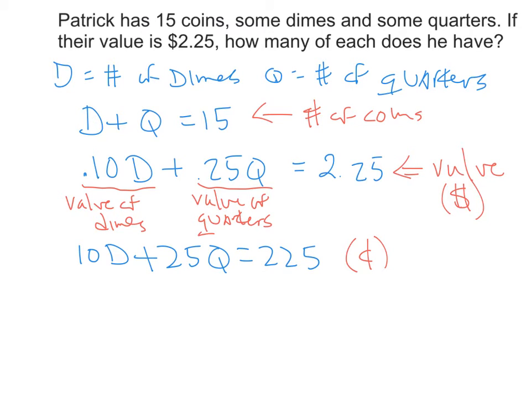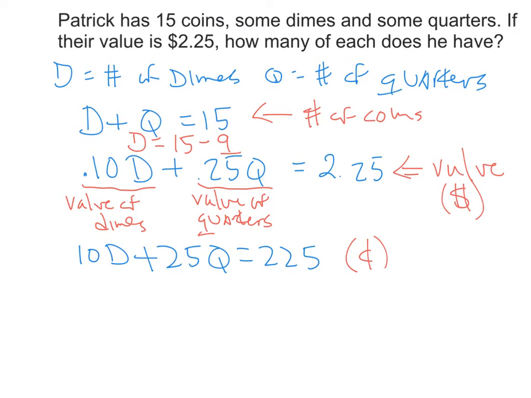If I subtract Q from each side, I get that D is 15 minus Q. I wrote a lowercase q there, but it doesn't really matter. Nevertheless, what that's really saying is that the number of dimes is 15 minus the number of quarters, which of course is obvious.